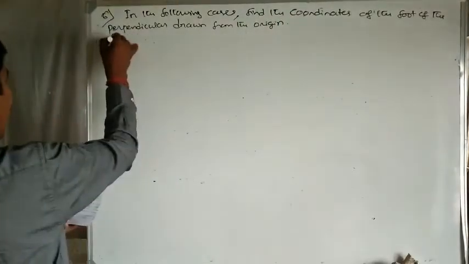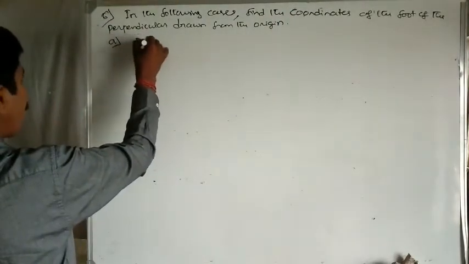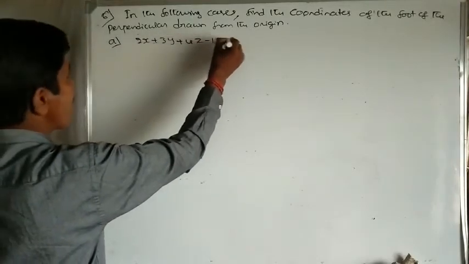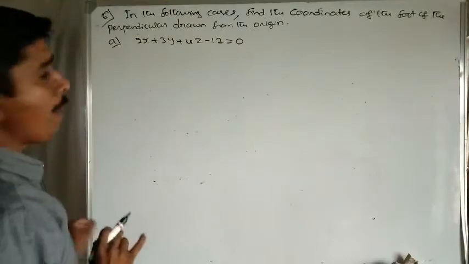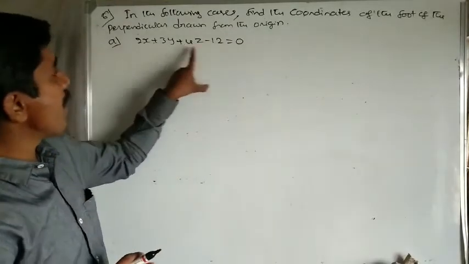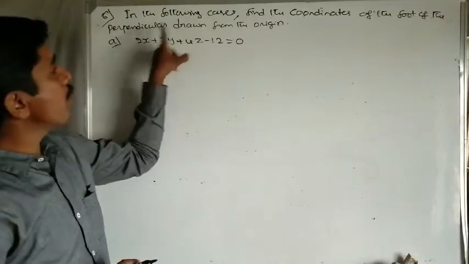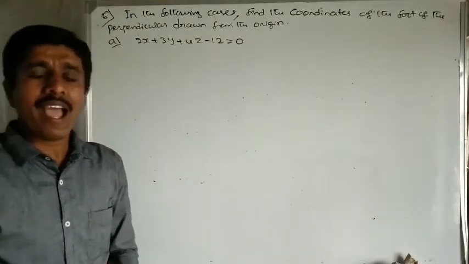First, problem A: 2x plus 3y plus 4z minus 12 is equal to 0. Mind it, here is the given plane. Here we have to find the coordinates of the foot of the perpendicular drawn from the origin.